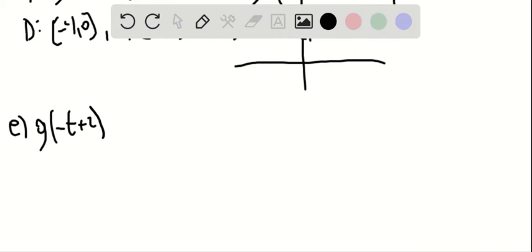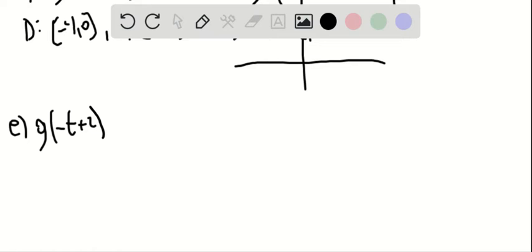That's a reflection about the y-axis. And then we shift 2 units to the left. The plus 2 inside the function, you can think of as the opposite. We move the opposite way, however the sign is, if it's inside the function. So this is going to be a reflection about the y-axis, and then shifting 2 units to the left. Not the right, but the left.